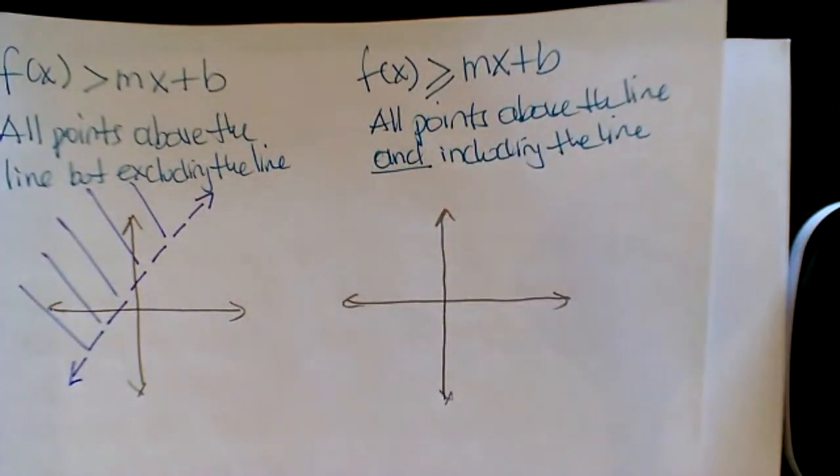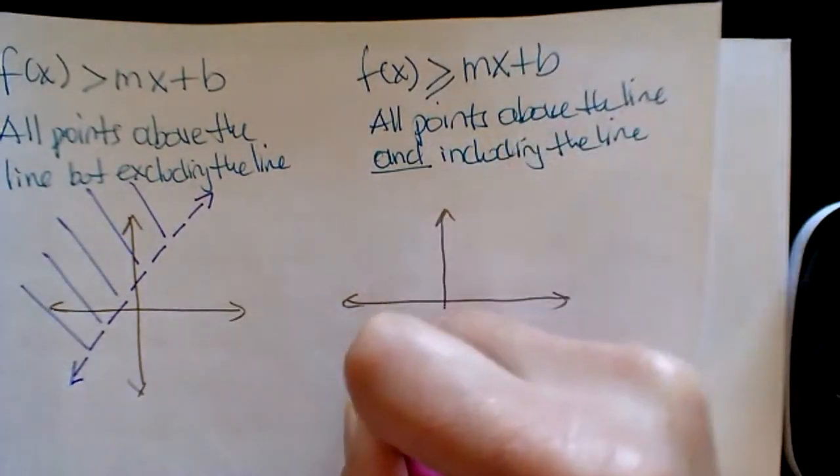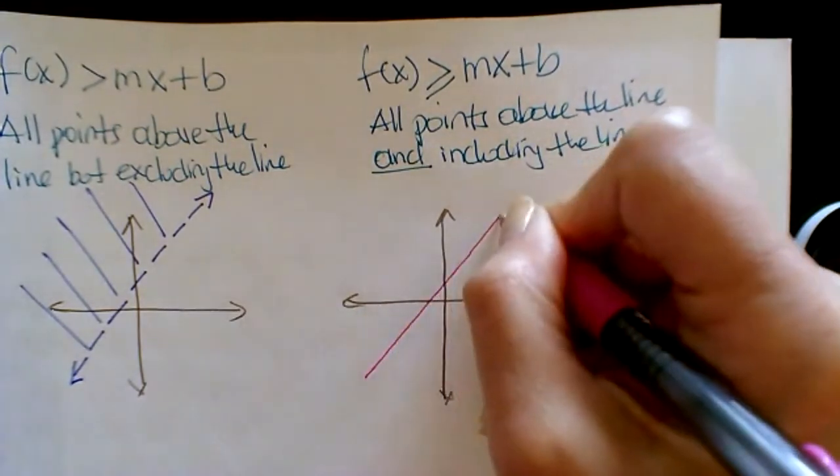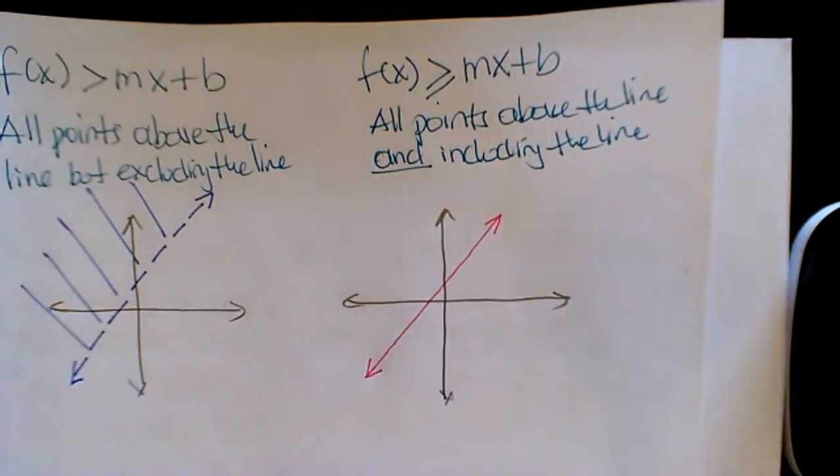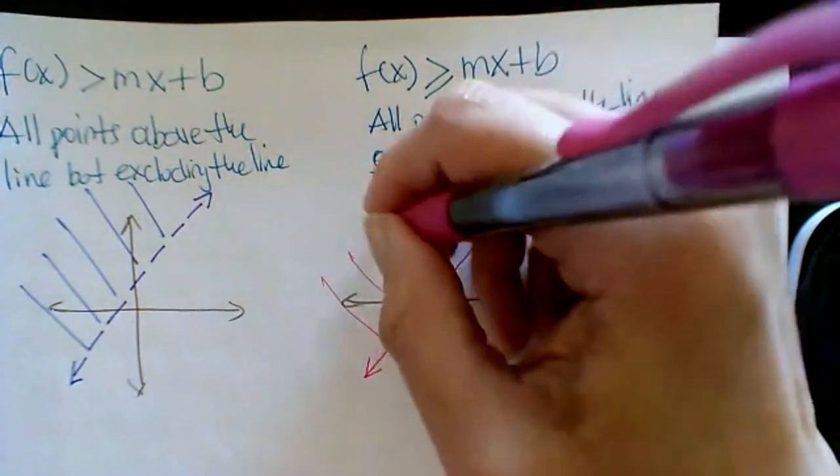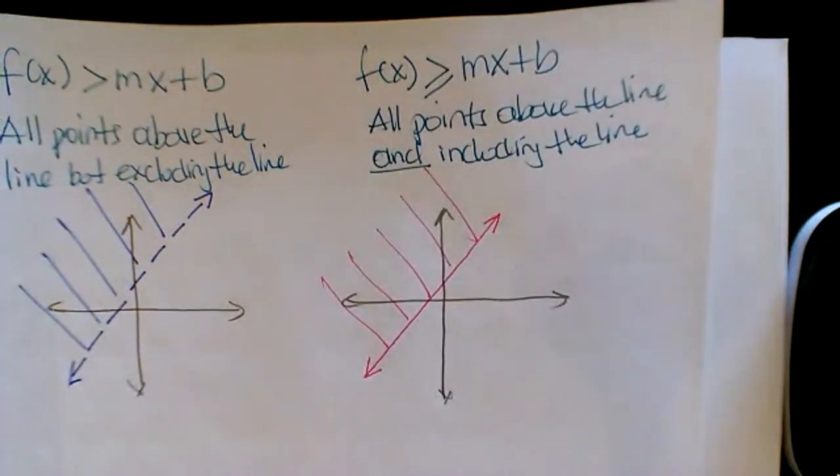So my line is going to look like including the line. So I know it's going to be a solid line and all of the points above that line, right?